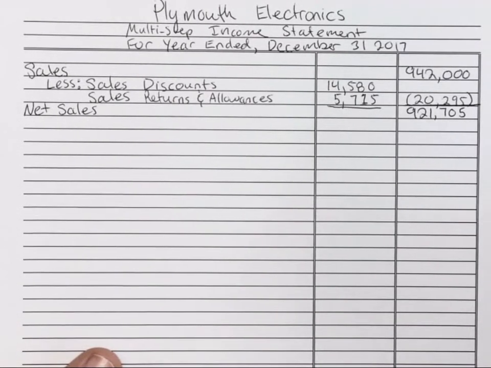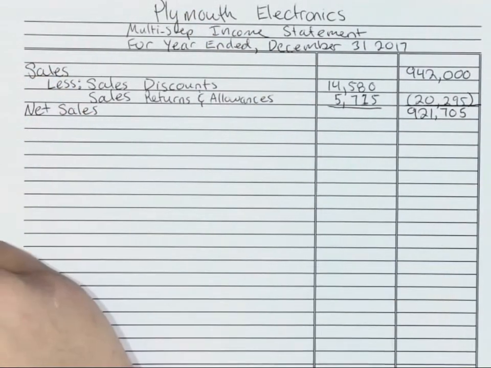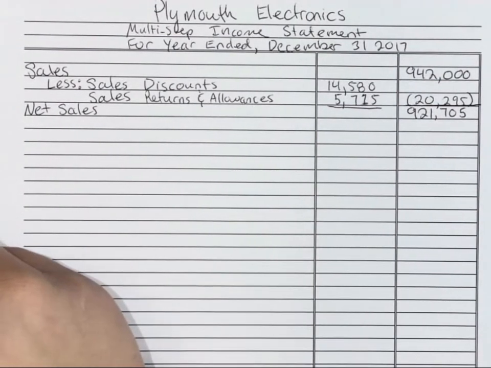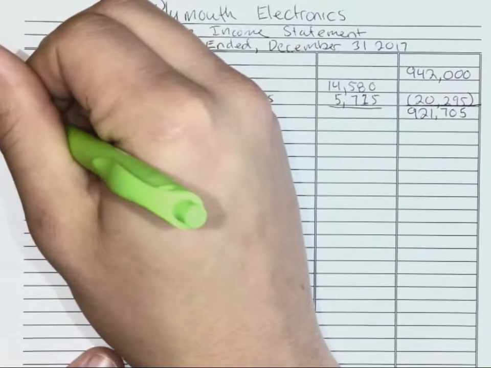So there's one expense that we are going to take from this immediately, and then we'll go through the other expenses. Can anyone guess what the first expense is in a multi-step income statement? It's going to be our cost of goods sold.